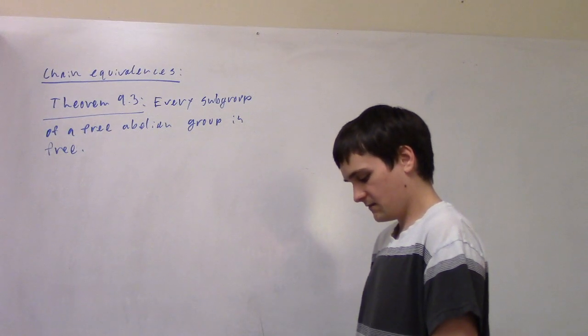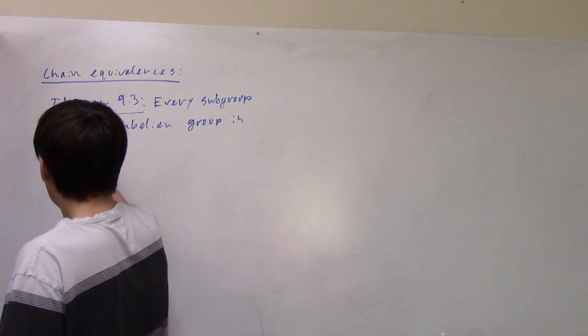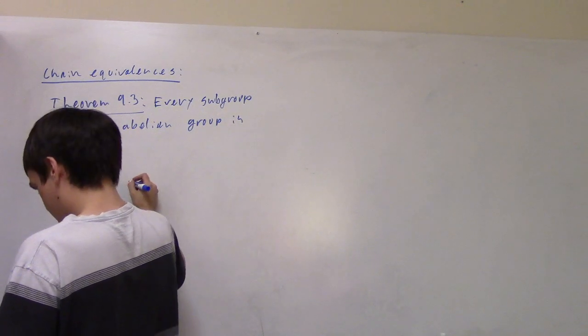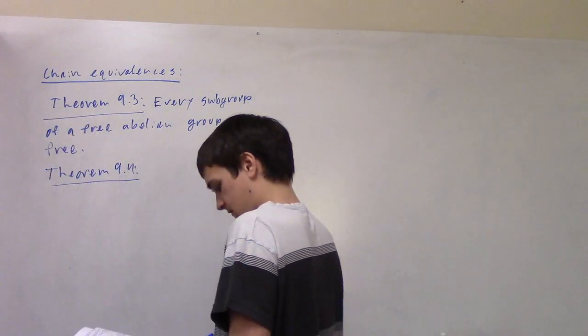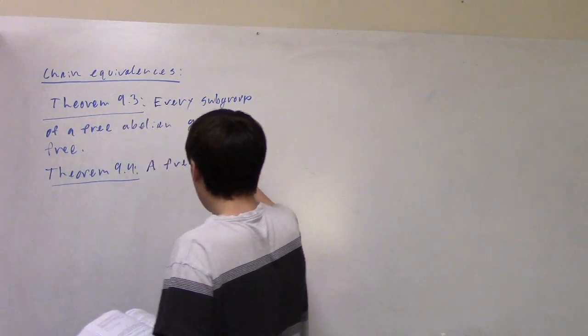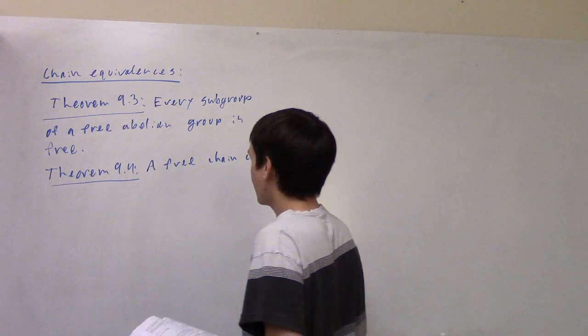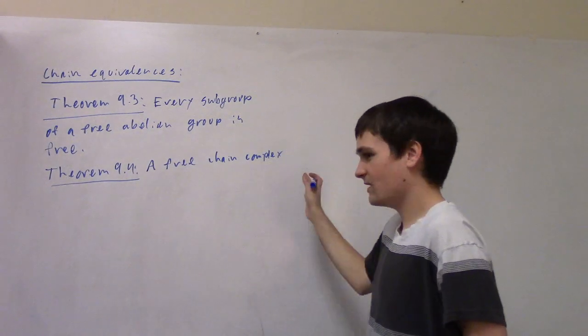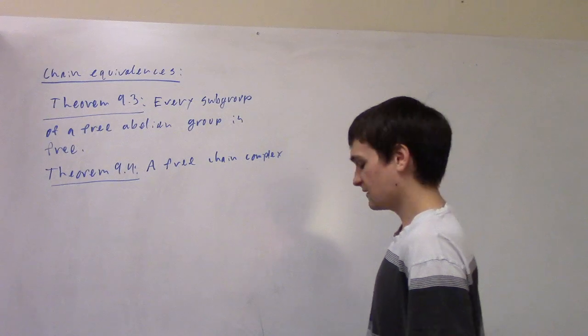Then the next theorem they have here. No, that's what I call linear algebra. 9.4. A free chain complex, which I didn't write down what we said earlier, is just a chain complex in which each term is a free abelian group.